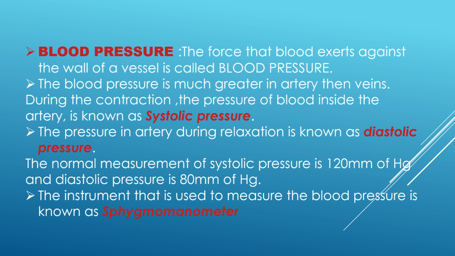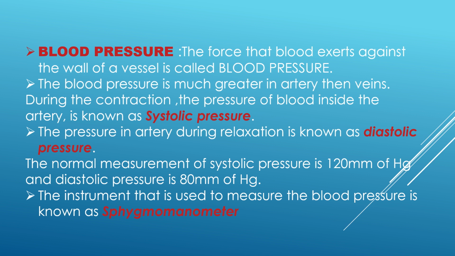During the contraction of the heart, the pressure of blood inside the artery is known as systolic pressure. The pressure in the artery during relaxation is known as diastolic pressure. So we can see here systolic pressure and diastolic pressure.